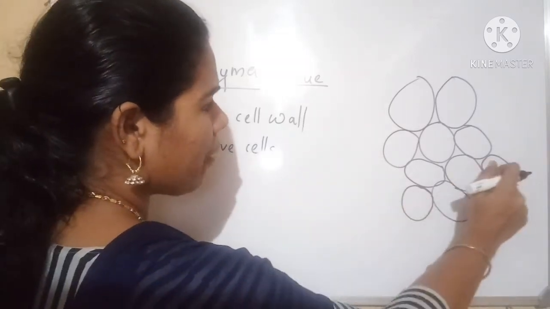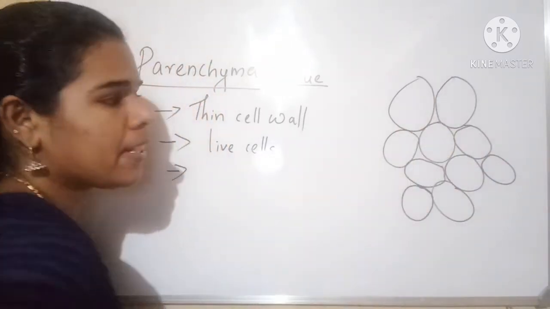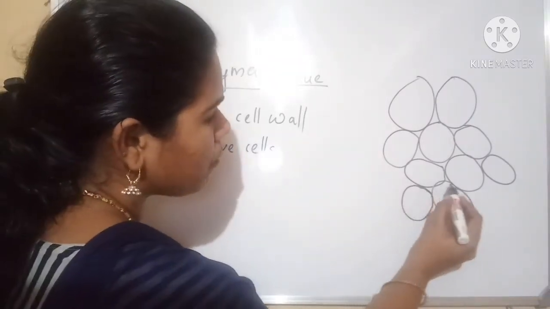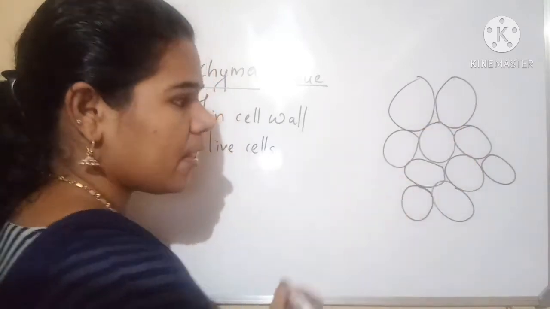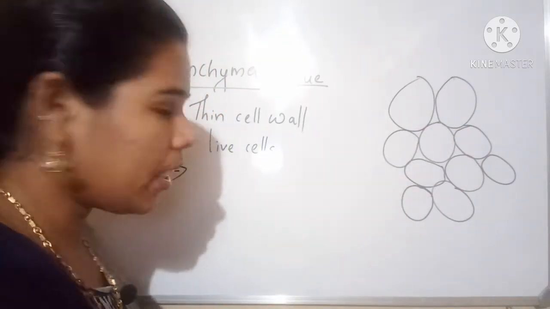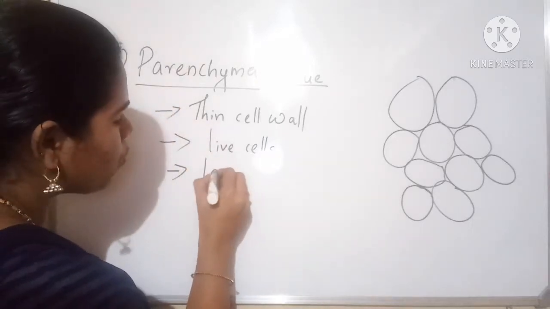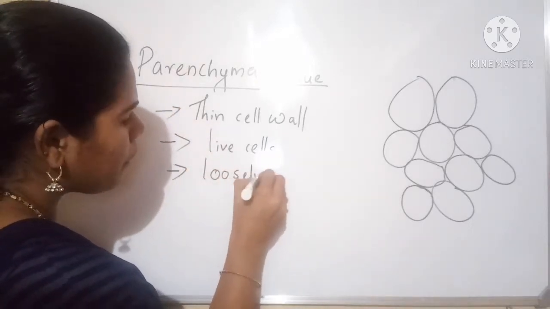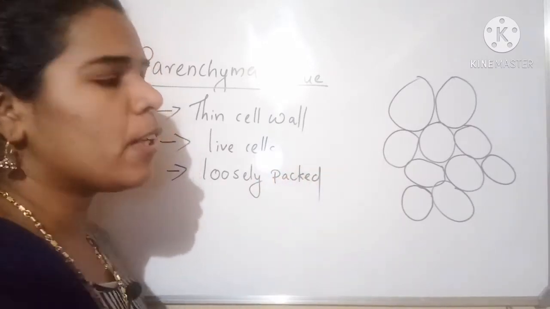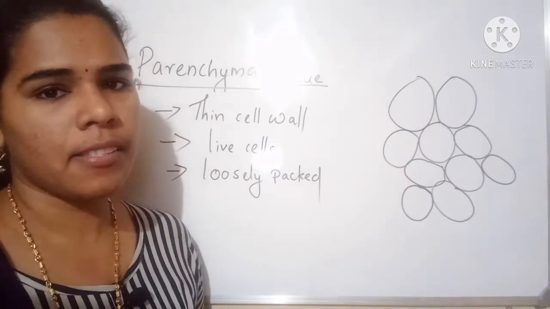When we take each cell of parenchymatous tissue, we can see small spaces. So they are loosely packed cells.